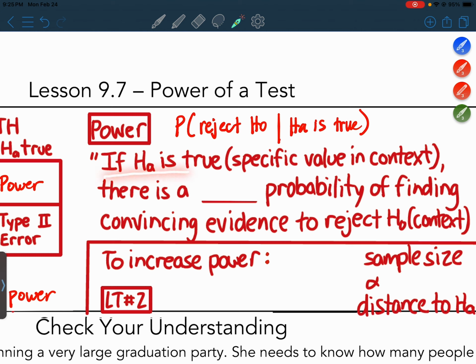If the alternative is true and you need to specify a particular value, so for instance, if Mrs. Gallus is really only a 66% shooter, then there is a power probability of finding convincing evidence to reject the null.